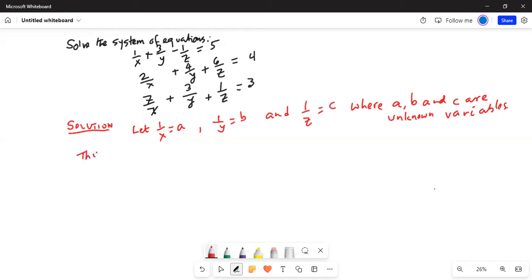Thus, when we substitute, the first equation becomes a plus 3b minus c is equal to 5. Next one becomes 2a plus 4b plus 6c is equal to 4, and 2a plus 3b plus c is equal to 3.